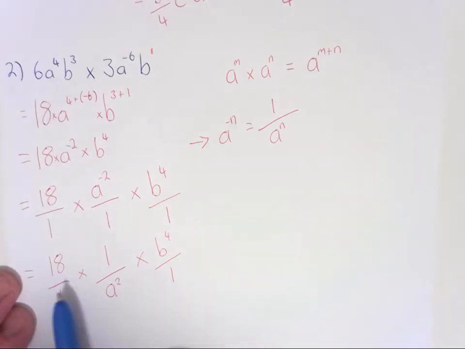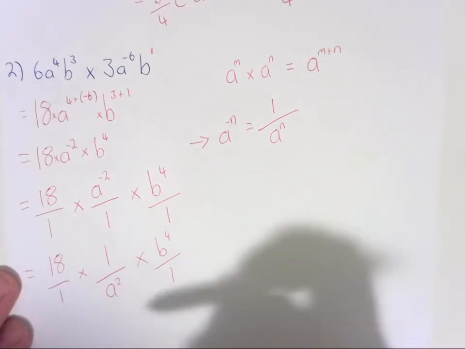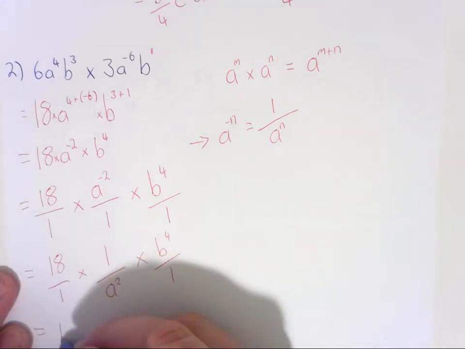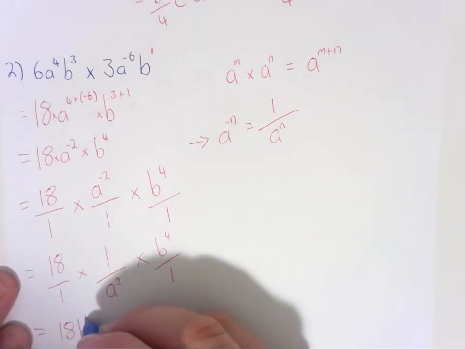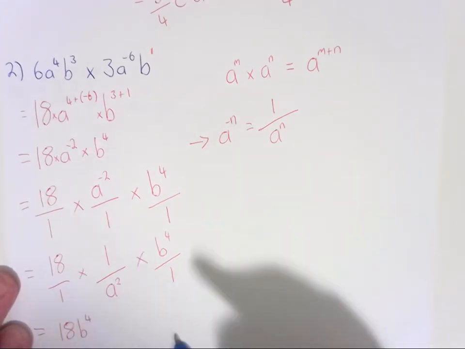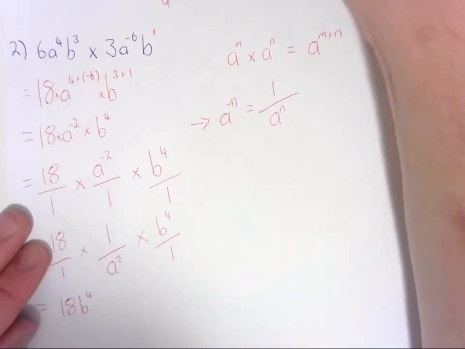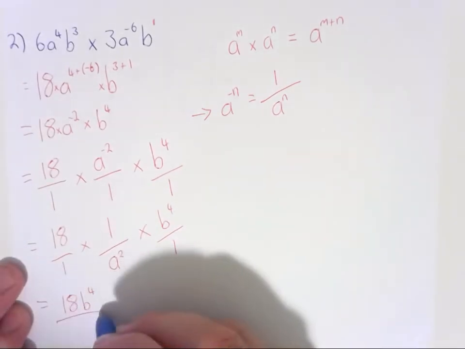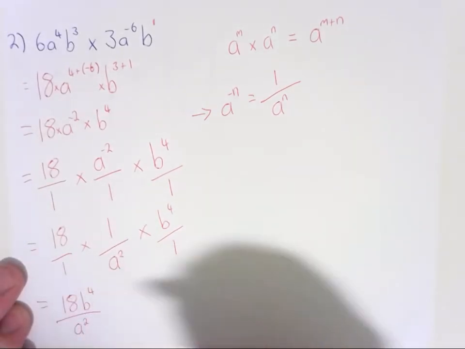With my fractions, I just multiply my top line, 18 times 1 times b^4, which equals 18b^4. 1 times a^2 times 1 gives a^2 on the bottom.